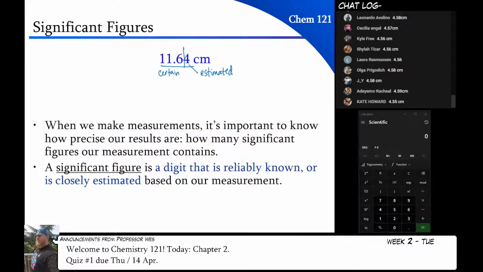The last digit will always be the estimated digit. So what does that mean your tool has marks to? Your tool's marks go to the second to last digit. That is a sig fig.